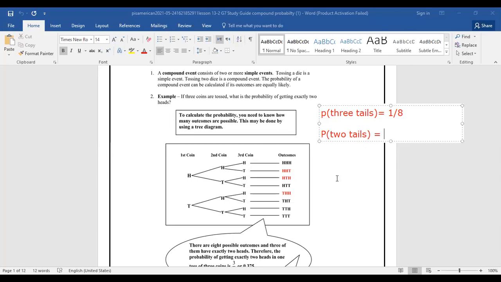But my question is, how many times can you see 2 tails only? 3 out of 8. You found it on the fourth one, and 6 and 7. So this is 3 out of 8.